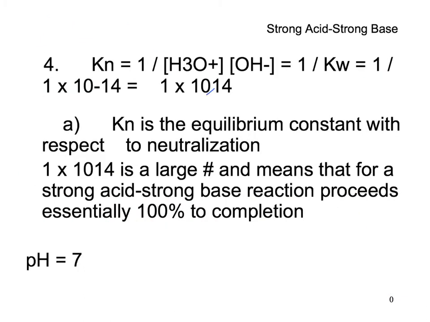The pH in such a case is always considered to be equal to 7, and we say that the reaction is going to proceed with 100% completion because both the strong acid and the strong base completely ionize all the way to give you the ions, and so the forward reaction is going to be the more favored reaction in this case.